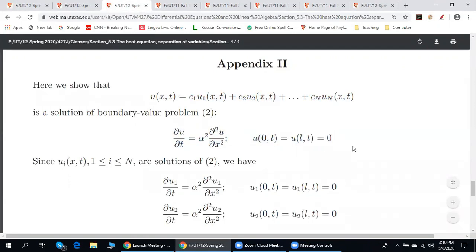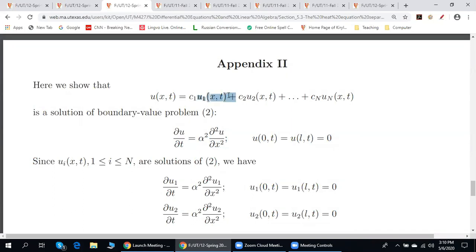Here is why. U1 is a solution of this problem, means a row number 1. U1 is a solution of the equation, and U1 satisfies this condition. U2 is a solution of this problem, means a row 2, and so on.